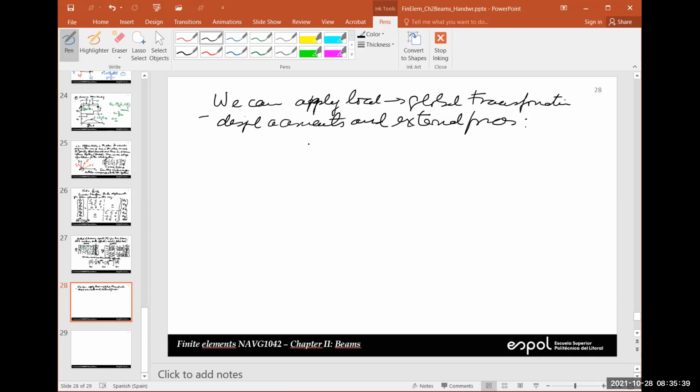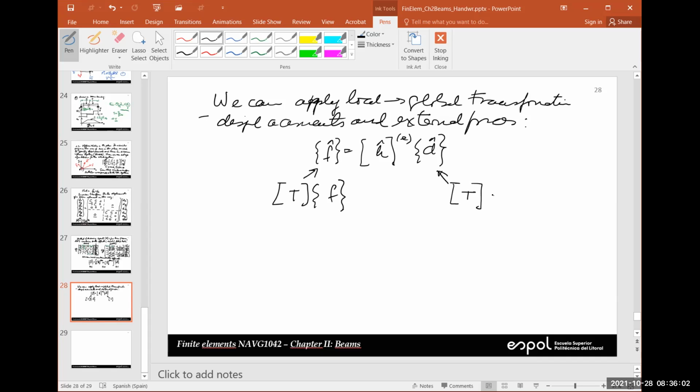So we say, originally, this is what we had. So we say this is equal to T times F. And this is equal to T times the vector in the local reference system.